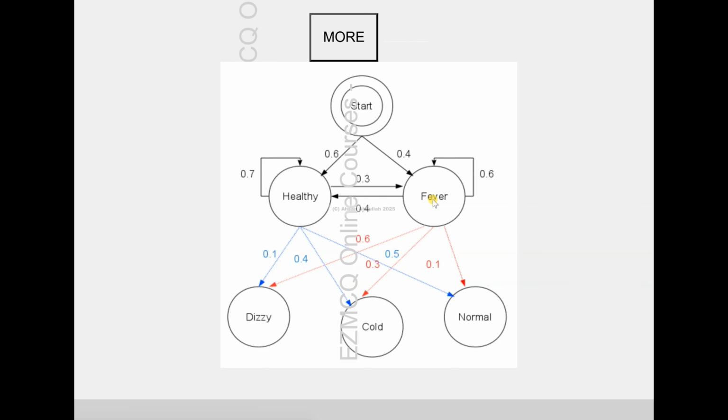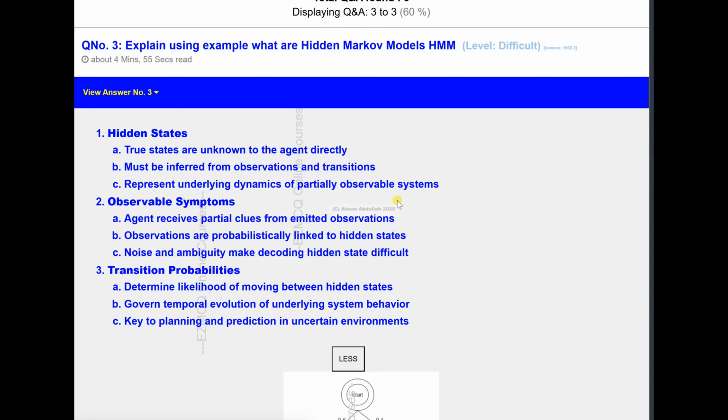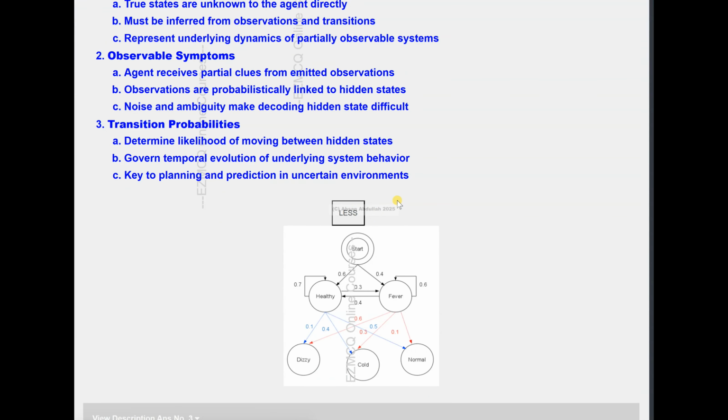We cannot directly see whether a person has a fever or is healthy. We only see symptoms like dizziness or cold, and then we try to infer the most likely underlying conditions over a period of time. This is how it works. So what is the purpose of a hidden Markov model? The purpose is, number one, to infer the hidden states, a sequence of health conditions, based on a sequence of observations such as symptoms.